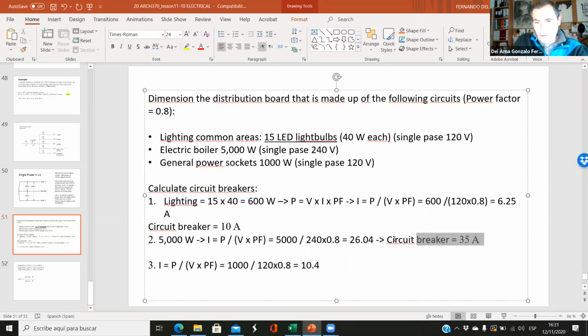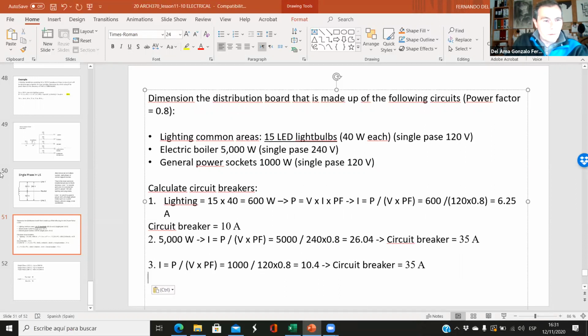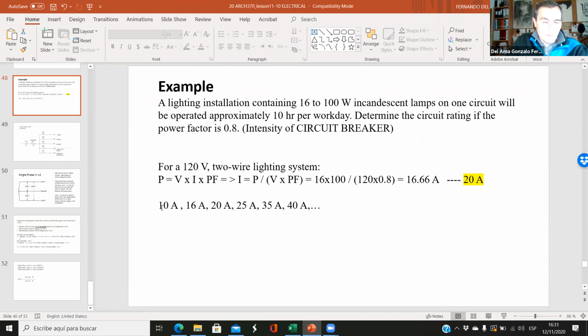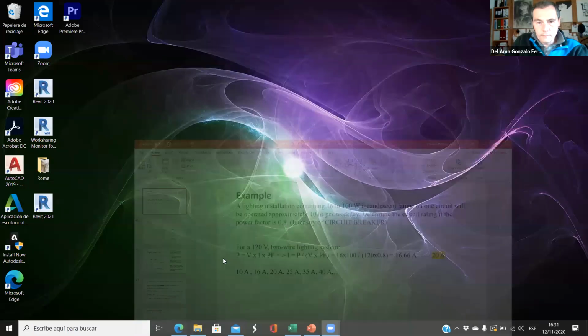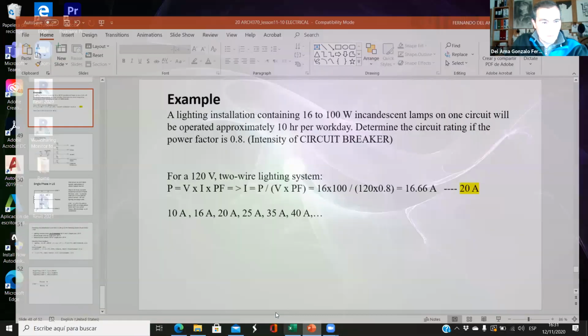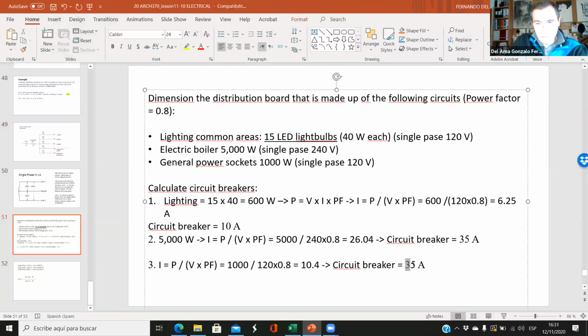So the circuit breaker should be 16, because it has to be more than 10. Okay, a piece of cake.